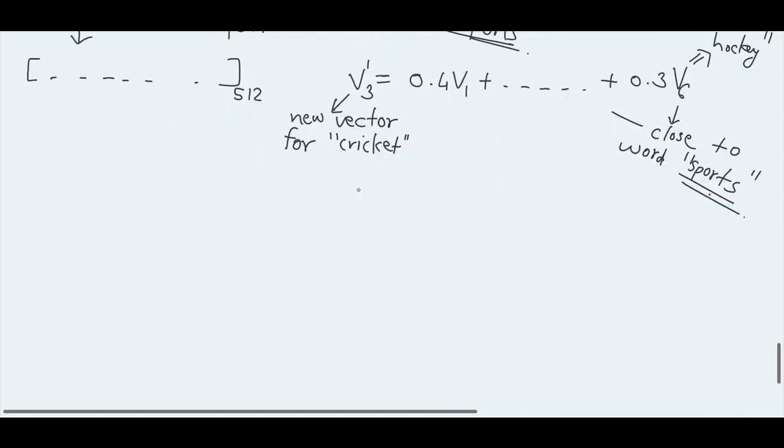That is how we were able to generate the context. We were able to tell the computer that this cricket word is now more similar to the word sports based upon all these calculations. So yeah, that's it, and that is how we generate the context.